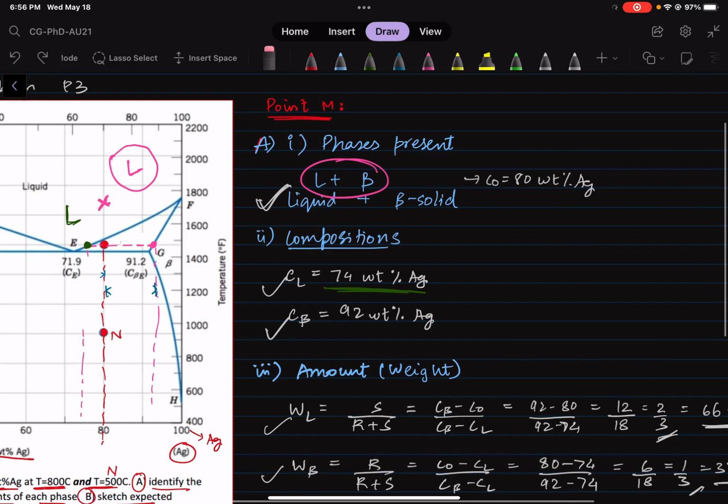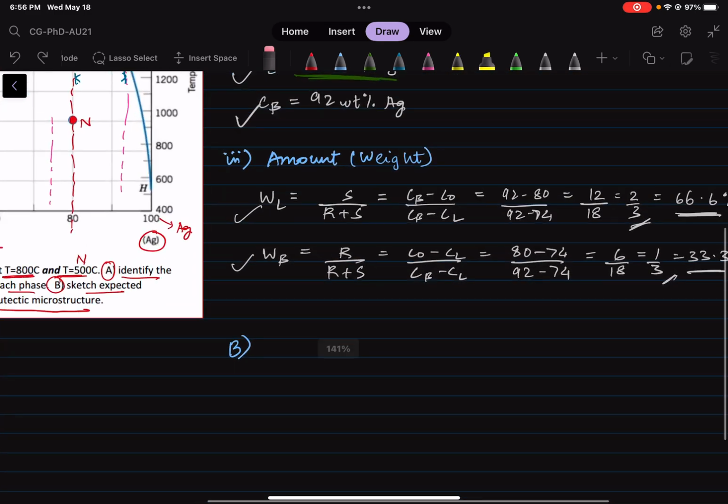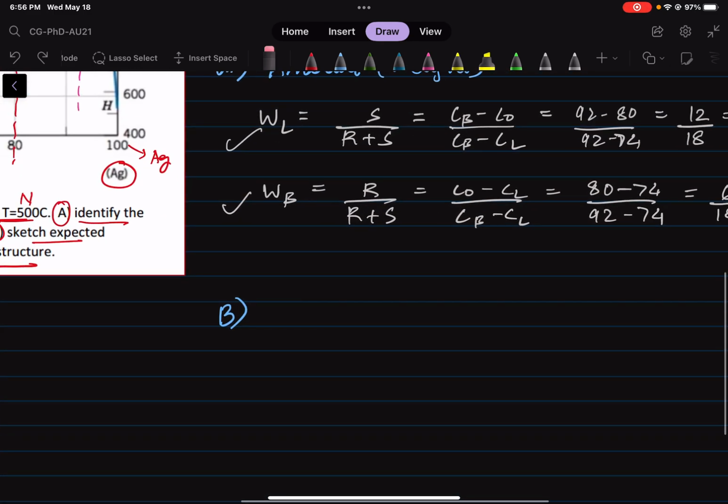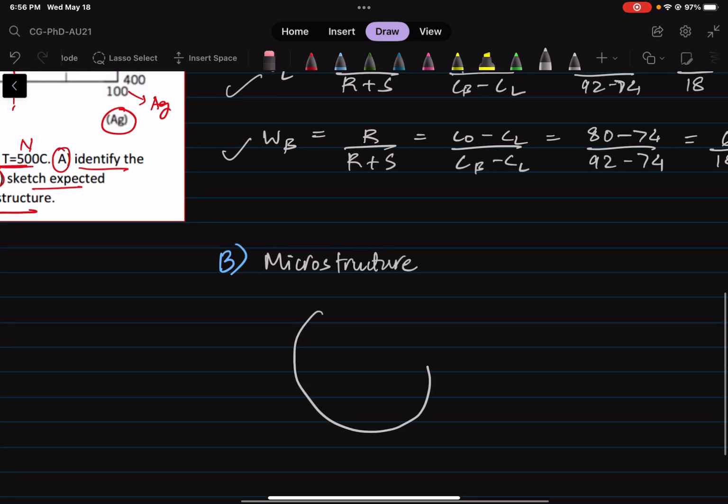And then when beta forms, it'll form a nucleate. So let's write that down over here. The microstructure, again, we are working at the point M. The microstructure will look something like this. So you'll have these, let's say, some grains of beta. I'm just going to shade it for clarity.